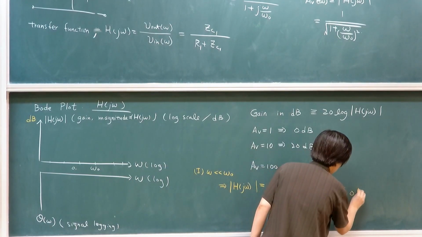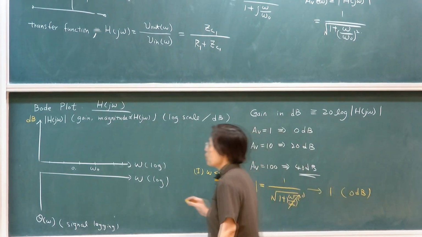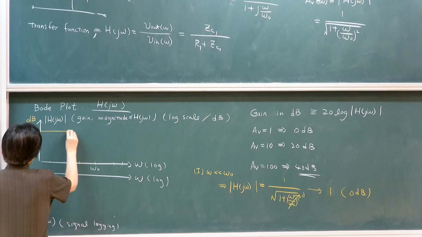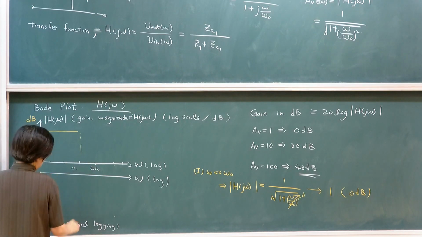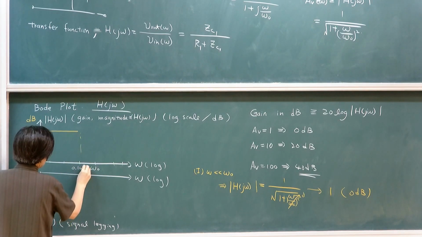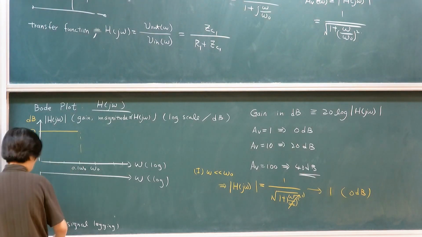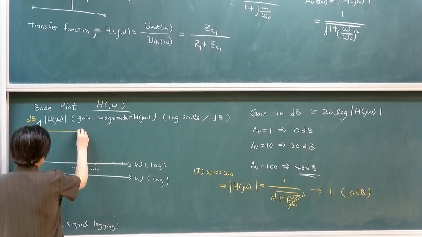This is 0 dB. So you start with 0 in terms of dB. You can actually check when the frequency is 10 times smaller, it can barely register, because it's still very close to 1.